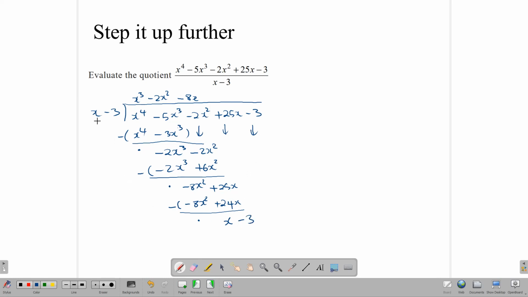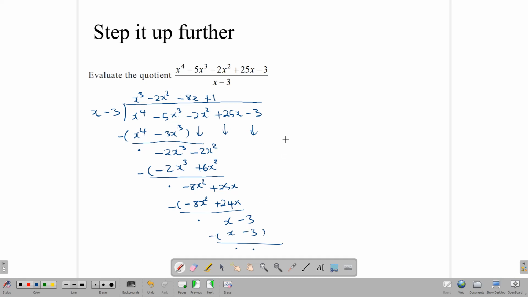So here we go. x into x gives us positive 1. And x times 1 gives us an x. And negative 3 times 1 gives us a minus 3. Notice that here it divides out cleanly. When we subtract that out, there's no remainder.